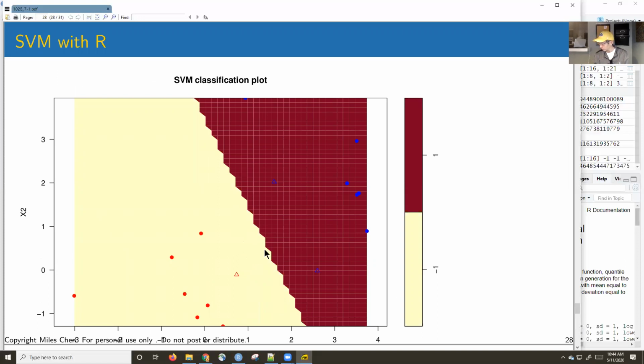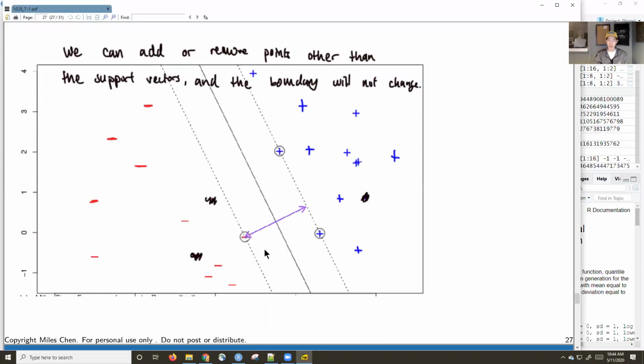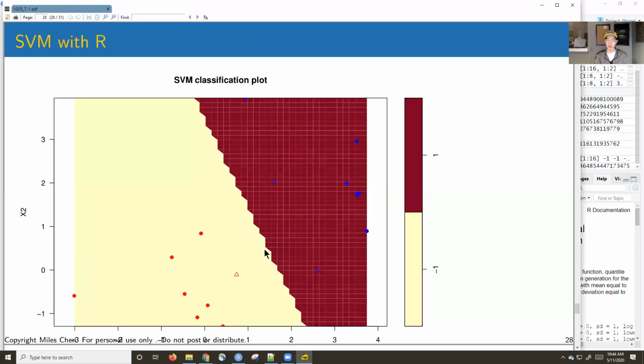This is just a very brief introduction to the concept of drawing a linear boundary between points that are linearly separable, and obviously this is a small scope of the problem.